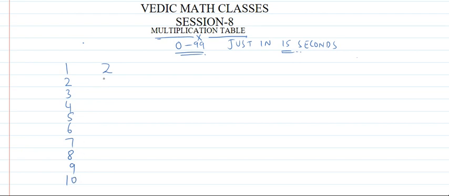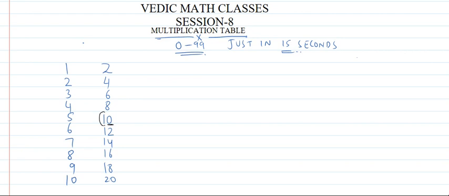Likewise, the multiplication table of 2: 2 1s are 2, 2 2s are 4, then 6, 8, 10, 12, 14, 16, 18, 20. When I get two digits, I have to consider only the unit digit. I have to consider only 0.